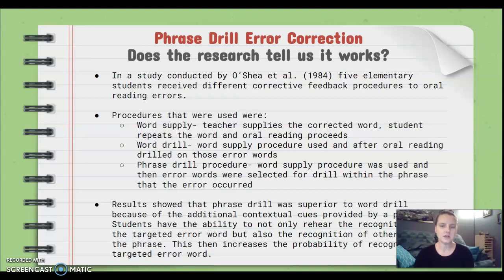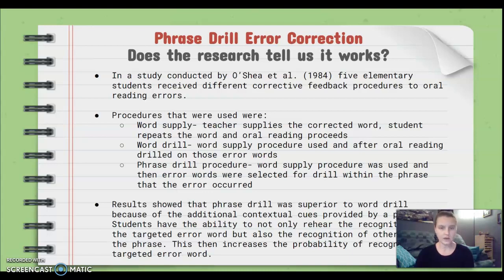In a study done by O'Shea and the parties involved, 5 elementary students received different corrective feedback procedures to their oral reading errors. The first procedure was simply word supply, which was to supply the word to the student when it was said incorrectly and continue oral reading.